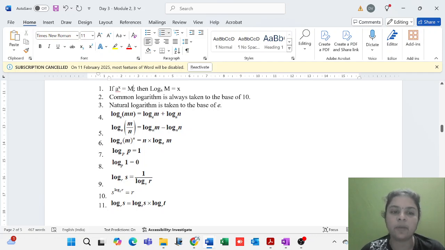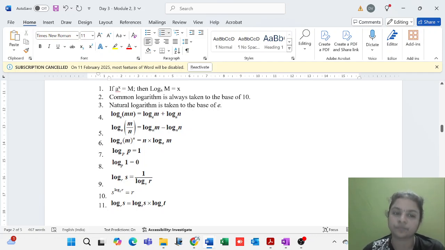So this equation a power x is equal to m can be written as log m to the base a is equal to x. The base will remain the same. Whatever the power is becomes the right hand side, and whatever is the final answer becomes the logarithmic value.